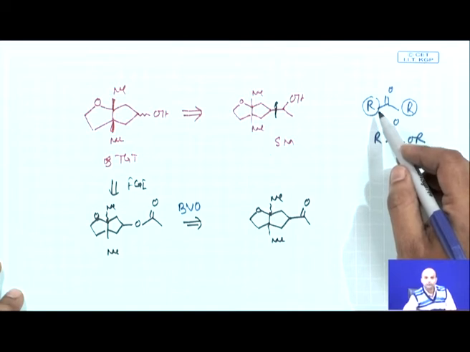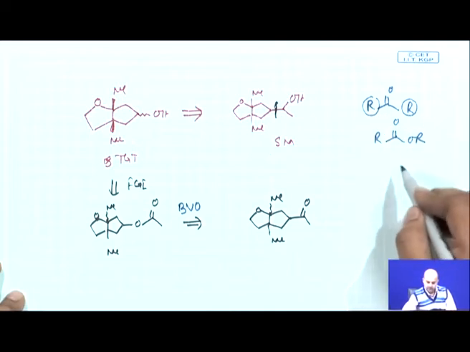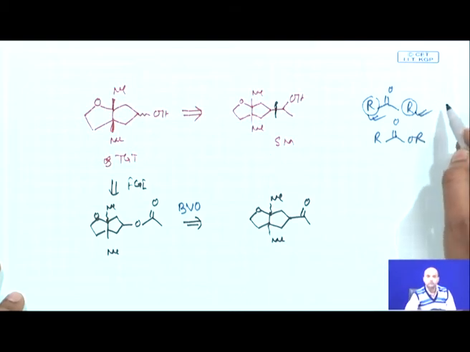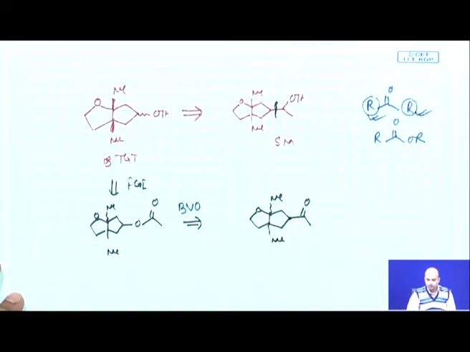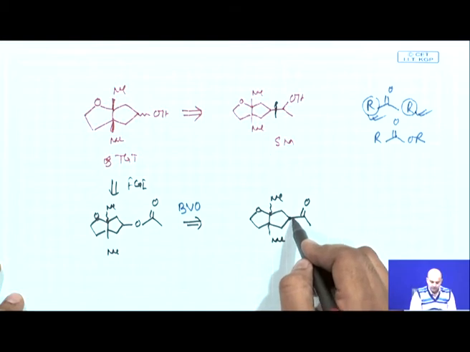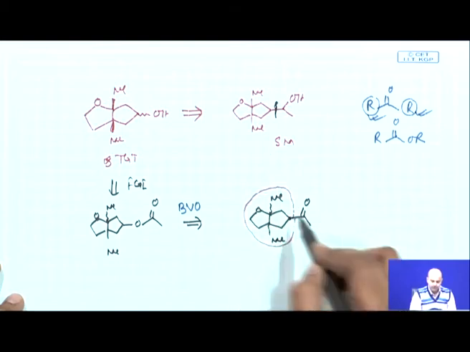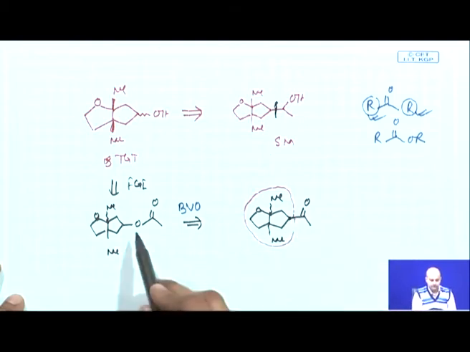A tertiary or more substituted alkyl group will migrate towards the electron-deficient oxygen. You should be familiar with this migrating tendency. Here the ketone has this group and a methyl group. This is the highly substituted group and methyl is a simple group, so definitely this group will migrate towards the oxygen, and that is how this carbon-oxygen bond connection arises.